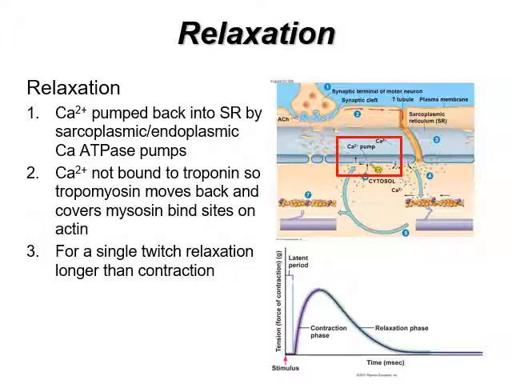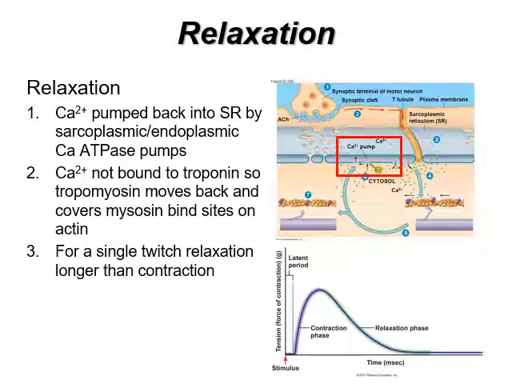The EC coupling's done, we get the calcium out, and we get the binding of calcium to troponin and the movement of tropomyosin. So how can we get relaxation? We need the muscle to relax. What was our cue to contraction was calcium influx, or calcium in the sarcoplasm. Now, to cause relaxation, the opposite of contraction, we can remove the calcium signal.